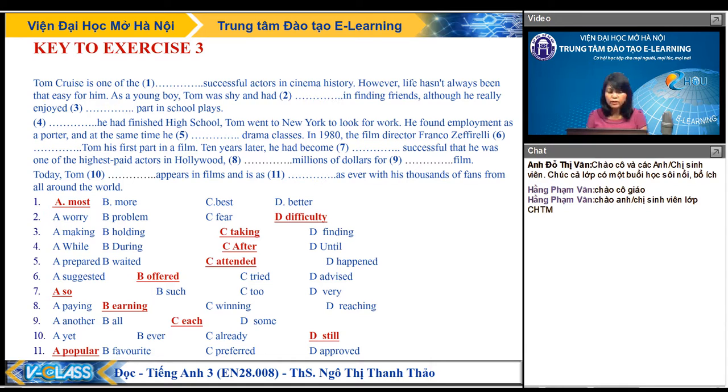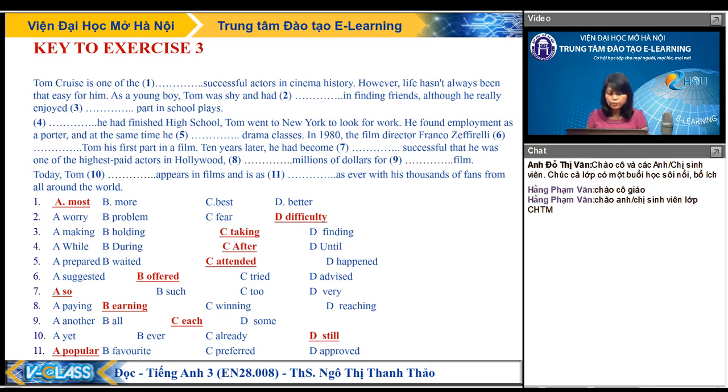So what do you think about this one? You know that it is a superlative, right? So the answer here is most. Why? Because successful is a long adjective. So the superlative form for that must be the most successful one. Okay, so number 1, A.